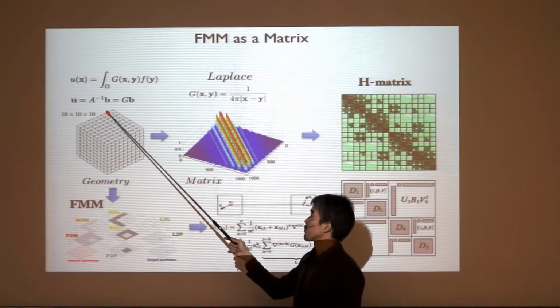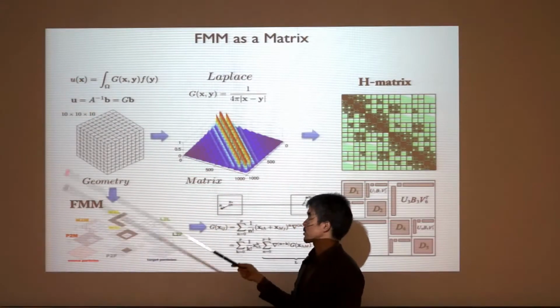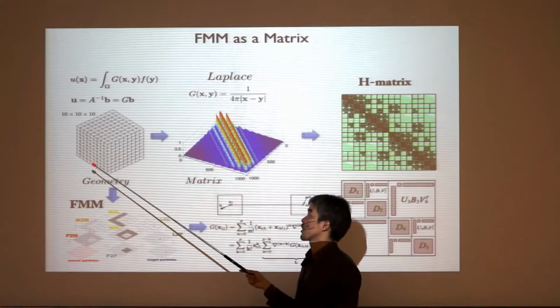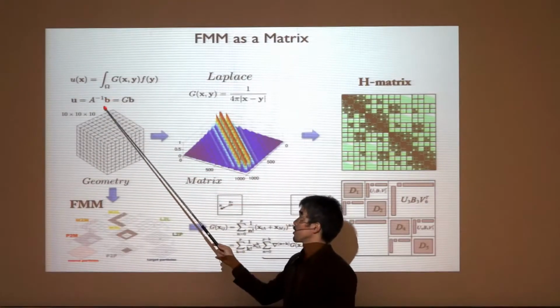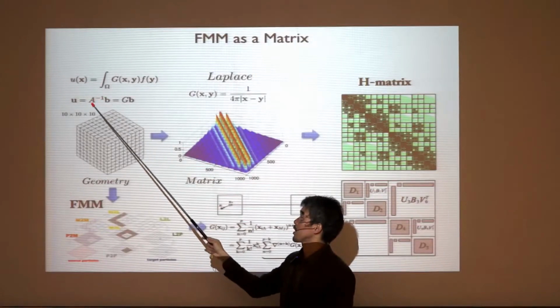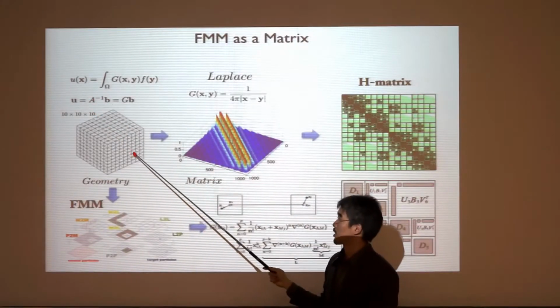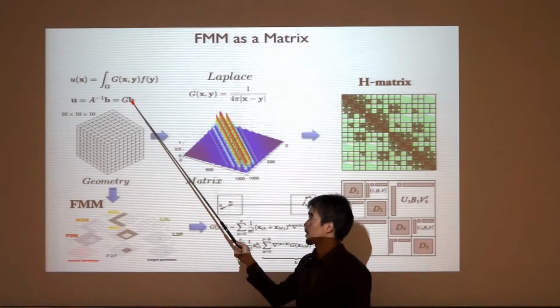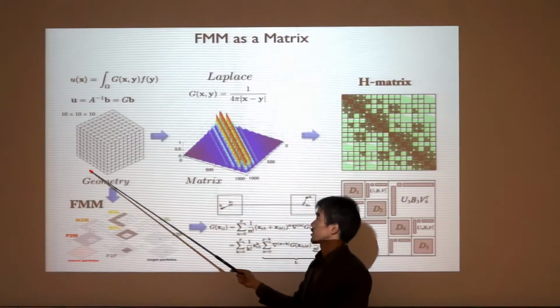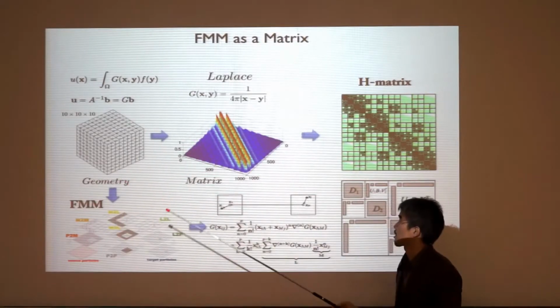So usually you have a big sparse matrix, but it's sparse, so you can solve it without too much problem. But if you do it this way without thinking too much, then you're creating a dense matrix A inverse the same size as your sparse matrix, and then trying to do a matrix vector multiplication on that. So doing that directly is obviously not a very efficient thing to do.